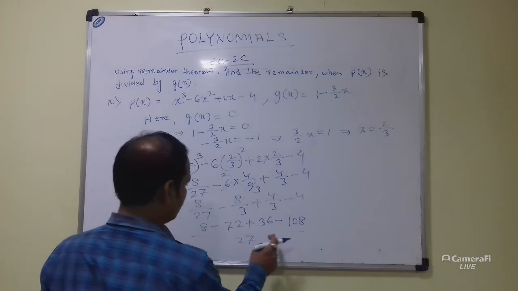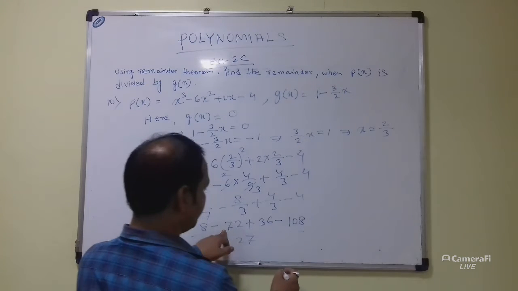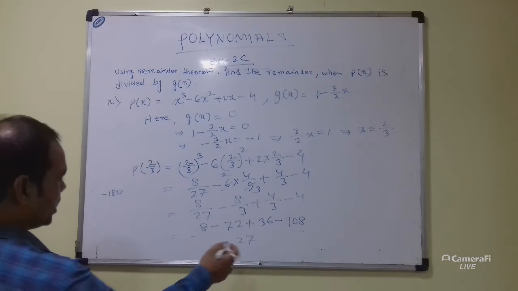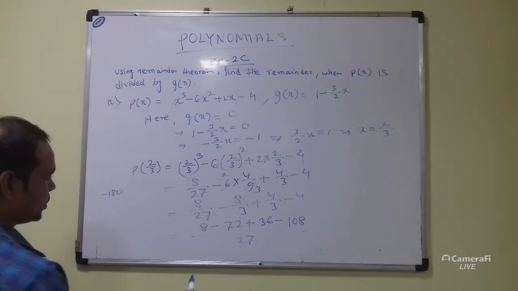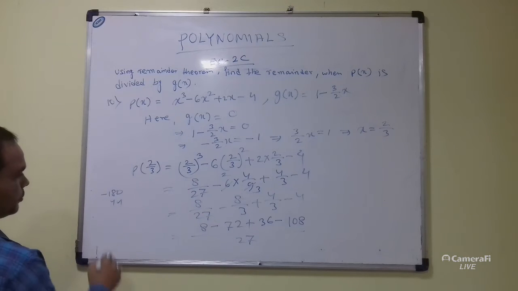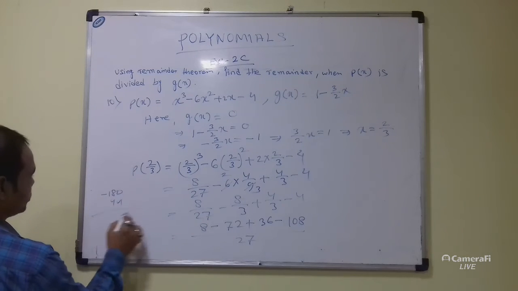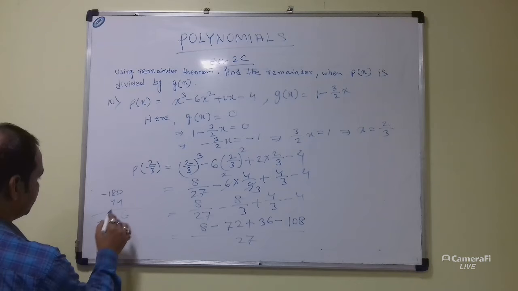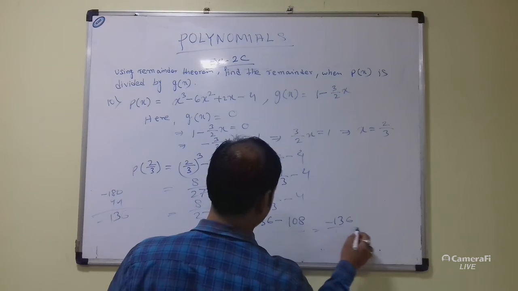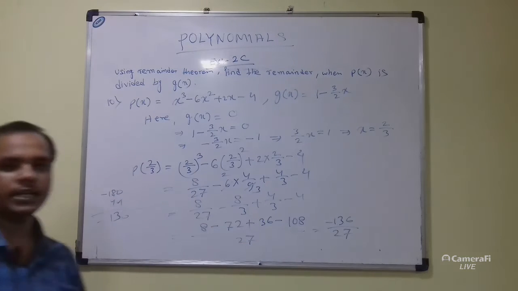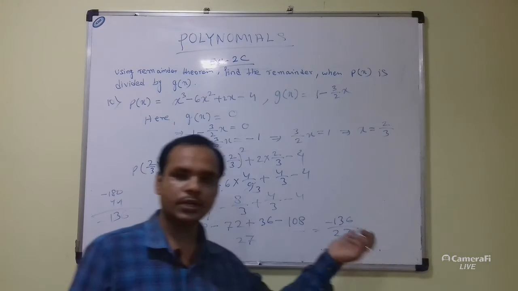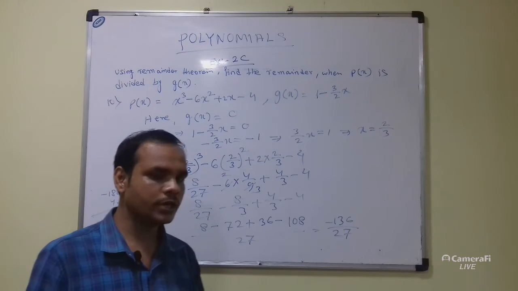It will be minus 72 and minus 108, so minus 180, and plus 36 and 8 is 44. If we subtract these two, it will be minus 136 by 27. So minus 136 by 27 is the remainder. Now we can convert it into an improper fraction. I hope you understood, students.